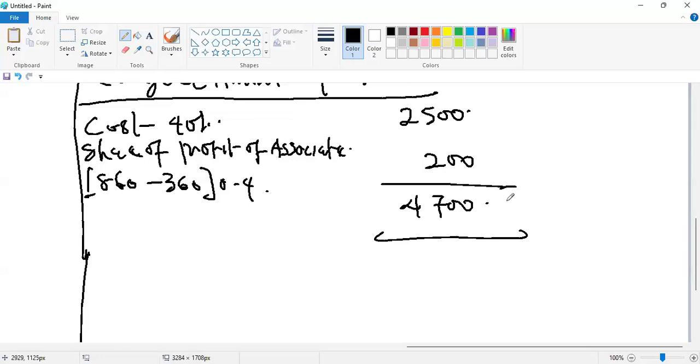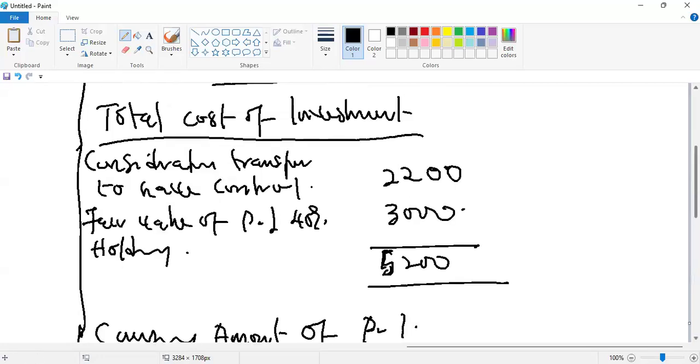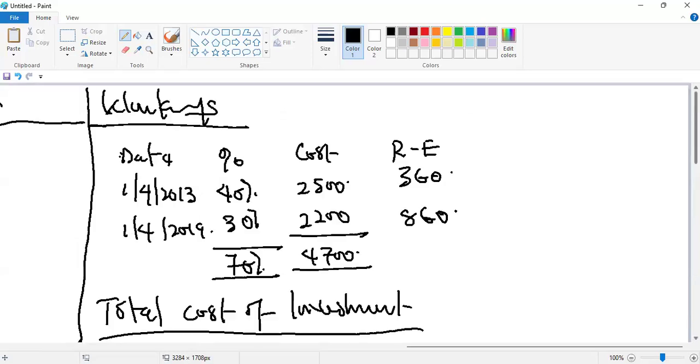Wow, 47. What is the cost of the 47? Let's see. It has 27. It has not been recorded.